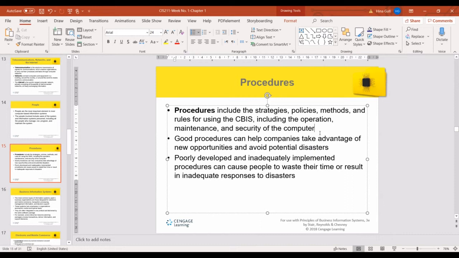Wastage of time. I'm using PeopleSoft. Look, I'm taking attendance on PeopleSoft, right? Right. So if I'm taking attendance on paper, if there is a culture in my office that everybody takes attendance on paper, what is the benefit of this online system?